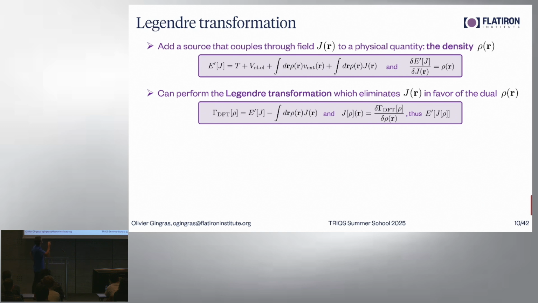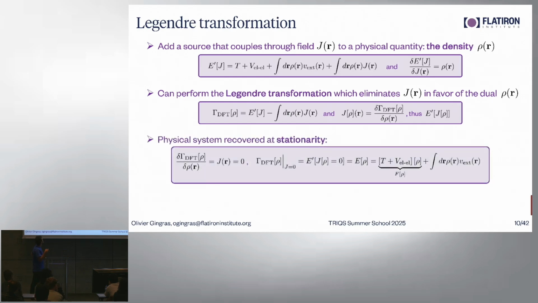And according to the Legendre transformation, you will get a functional purely of the density given by this expression, where the source field for a given density is expressed as the derivative of the initial functional here. Because the source field is fixed by the derivative with respect to the density, your source field is a function of your density, and you end up with this whole functional also being a functional of the density.